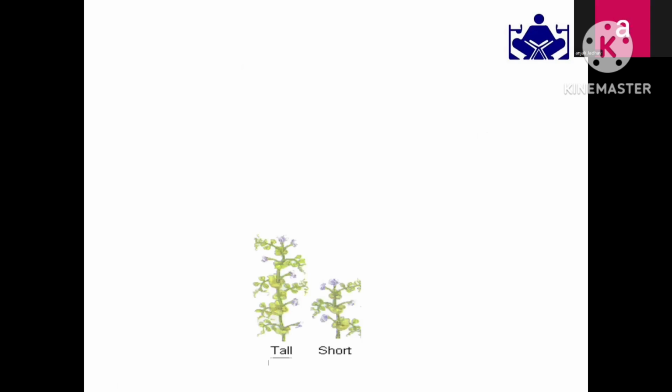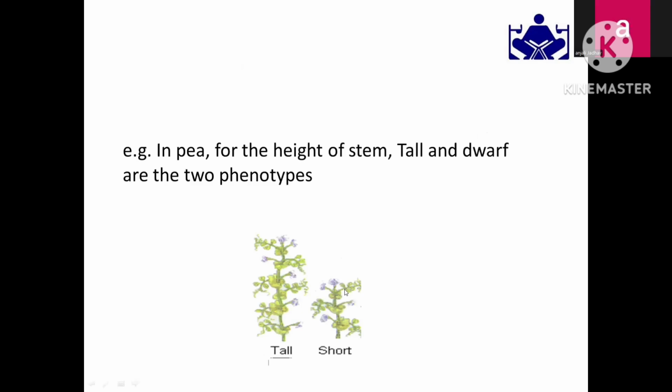Now on the screen you can see tall and short pea plants. Tall and short are two phenotypes. Phenotype means the external appearance of any individual for any trait. मतलब हमें प्लांट लंबा है या छोटा दिखता है. That is external appearance.